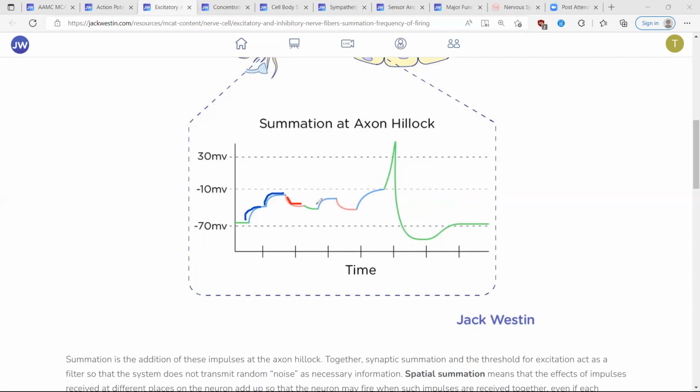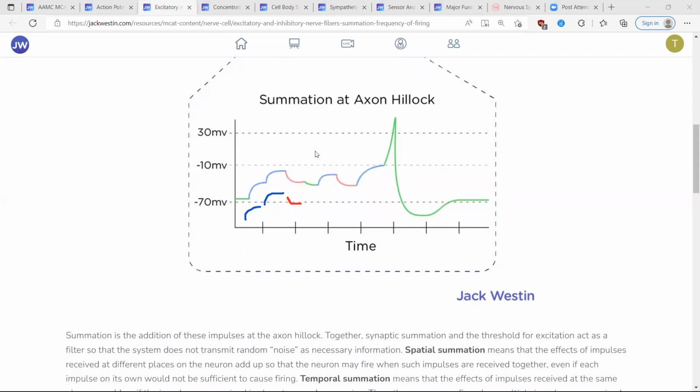It's trying to push it up, push it up, push it up, but then the inhibitory is pulling it down, pulling down, until we finally managed to reach that threshold potential. And once we did that, boom, immediately we hit the action potential. As soon as we hit it, the floodgates are open and the action potential happens.